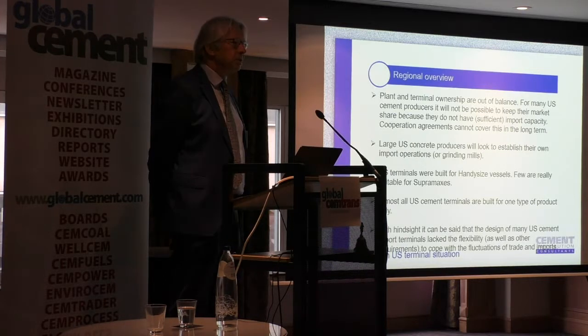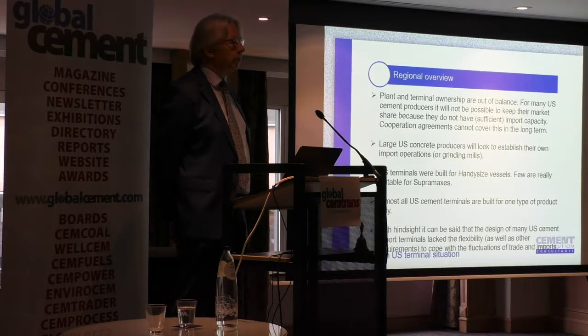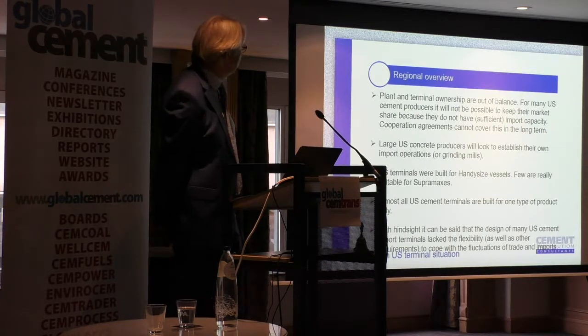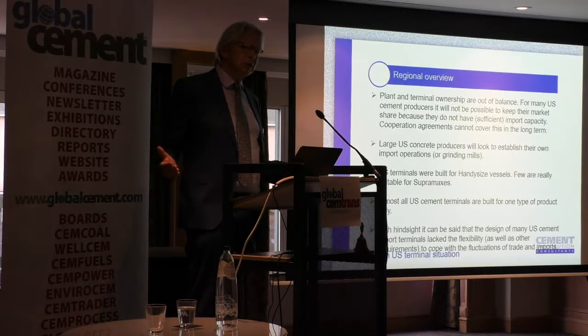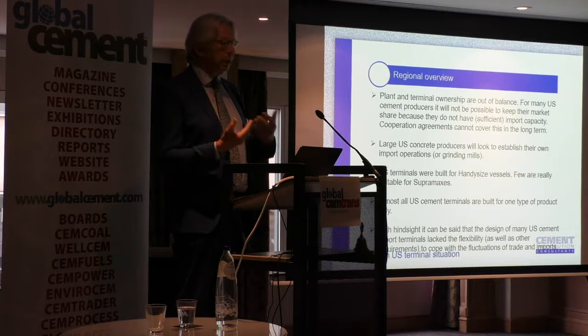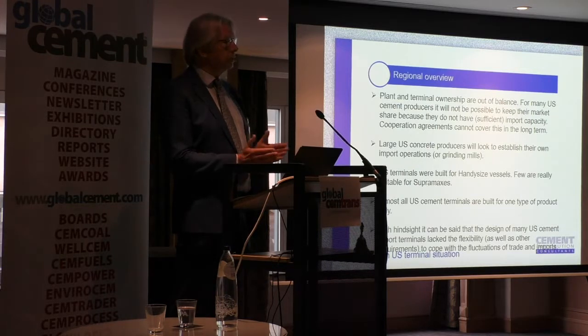Basically, before the crisis, all the US terminals were built for handy-max vessels. But the shipping industry during the crisis has changed. Basically now, they have enlarged the handy-max size, which is a typical 40,000 tonner.